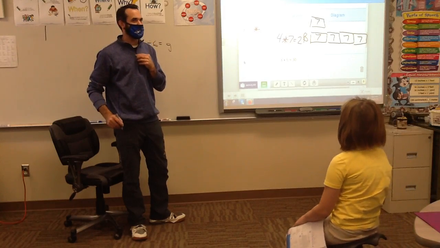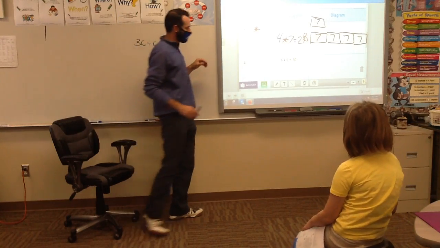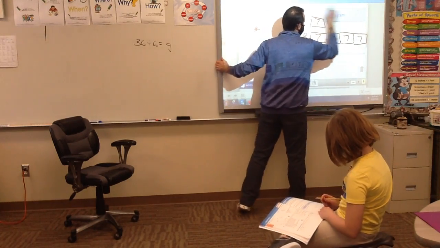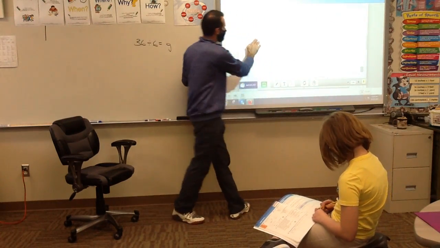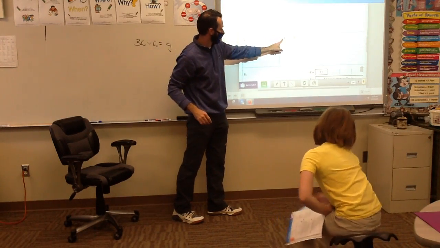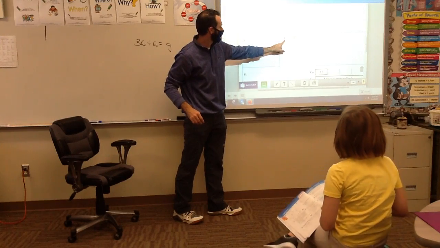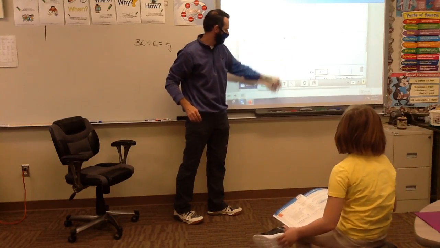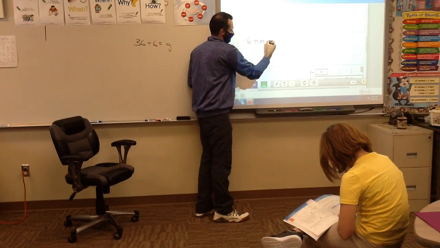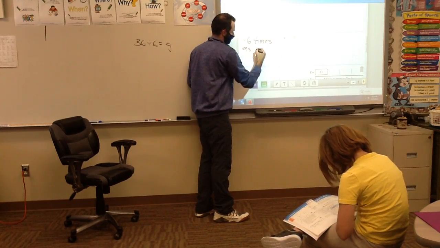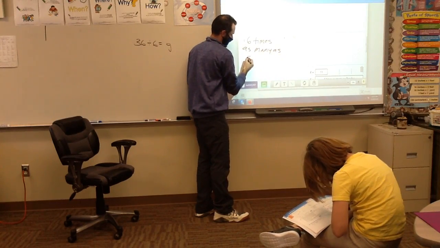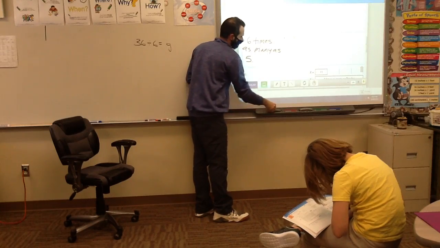Using our imaginations. Okay, so now we're writing the comparison statement for the next one. It's just like doing the same thing, guys. So this one would be 6 times as many as 5.